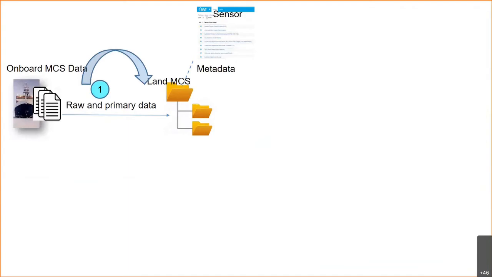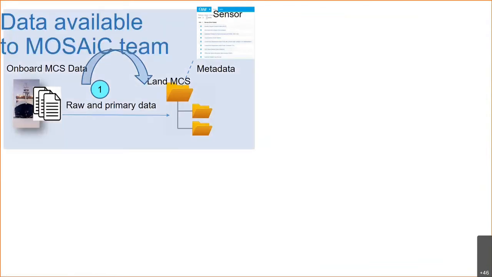This has happened by now, and these data, by their structure, are also interconnected to the metadata in sensor. So these data on MCS are now available to you as the MOSAIC community to work on and to cooperate.